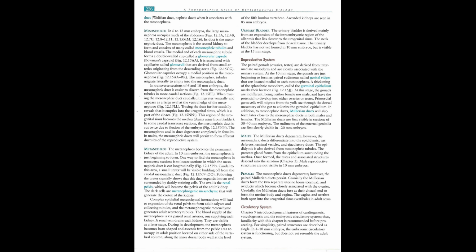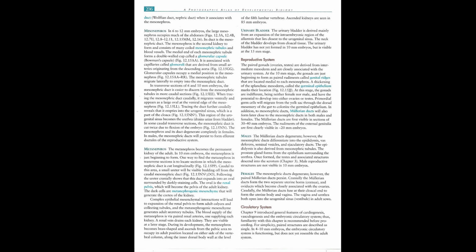The medial end of each mesonephric tubule forms a double-walled cup called a glomerular capsule, Bowman's capsule, Fig 12.15a. It is associated with capillaries called glomeruli that are derived from small arteries originating from the descending aorta, Fig 12.15gg. Glomerular capsules occupy a medial position in the mesonephros.